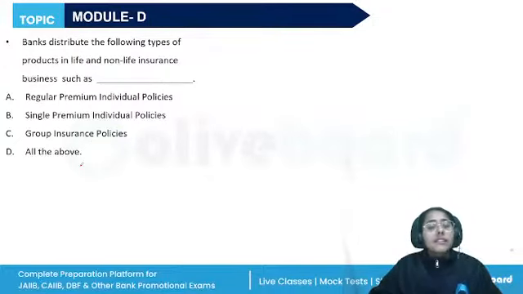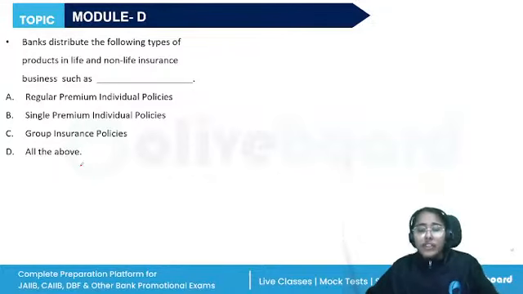Next, banks distribute the following types of products in the life and non-life insurance business. We already know the meaning of insurance, the contract between the insurer and the insuree or the person being insured. And there are different types of insurance schemes that are available: health insurance, life insurance, and asset insurance. There are endowment policies, term insurance, money back, and pension plans under the life insurance.